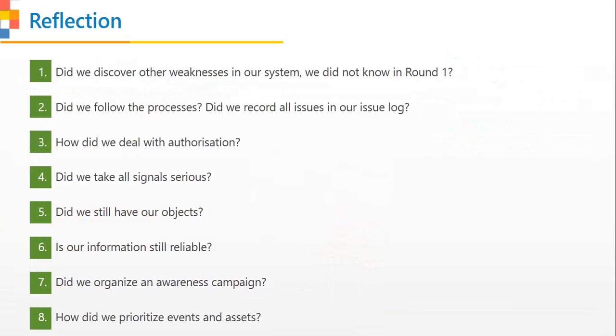The second thing is, was the process followed? Now all of us know we are great at documenting policies and procedures, but how many times are we really able to implement, and if not implement, at least cross-check with what we have written?